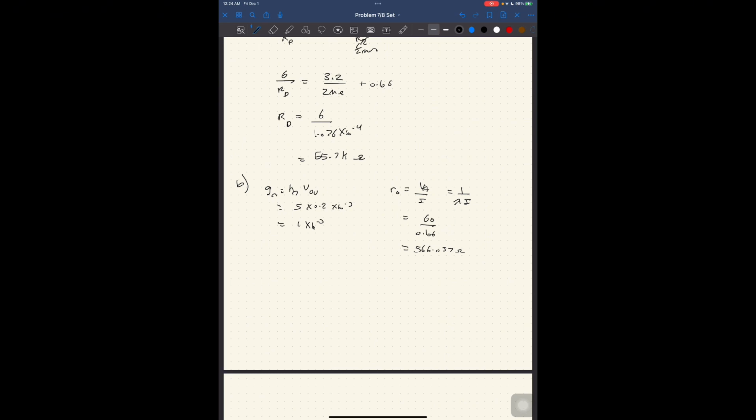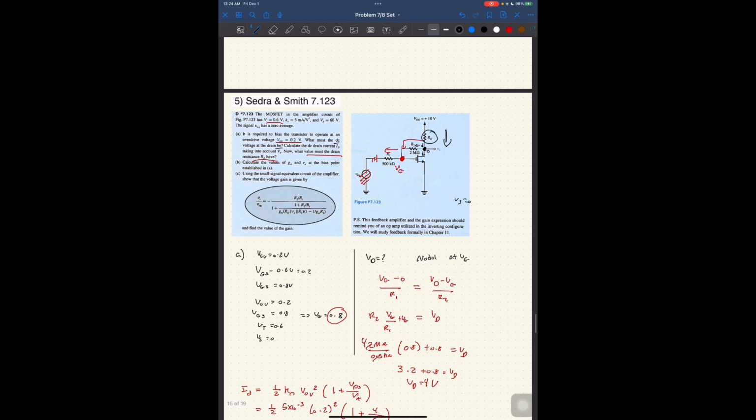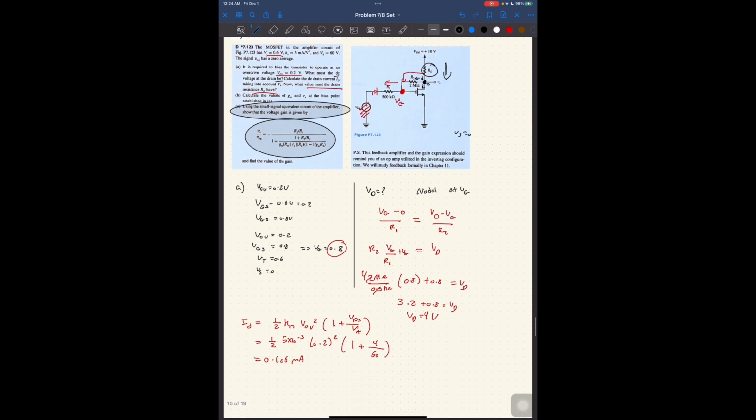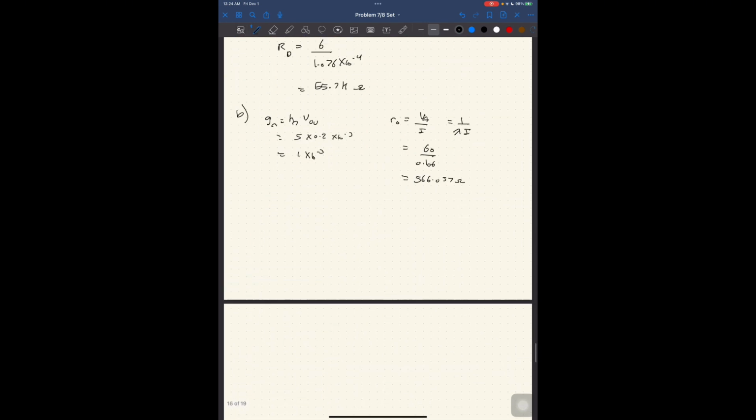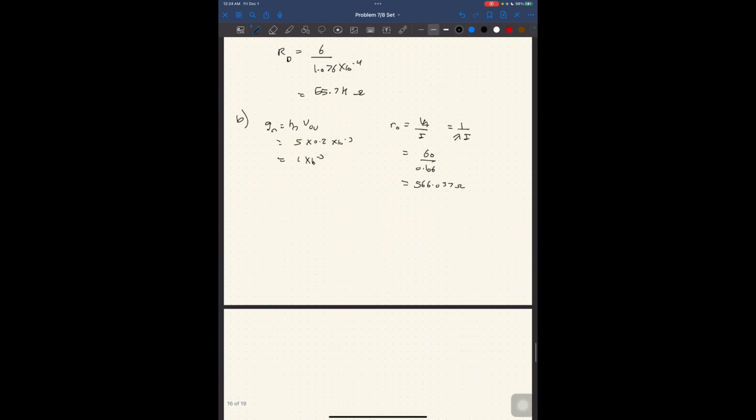And so we begin. Let's use a small signal model of this circuit.